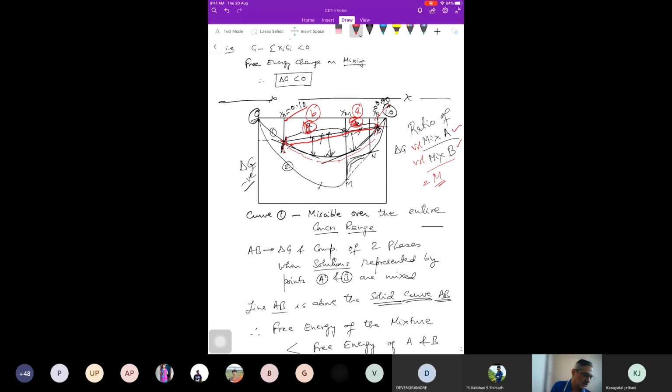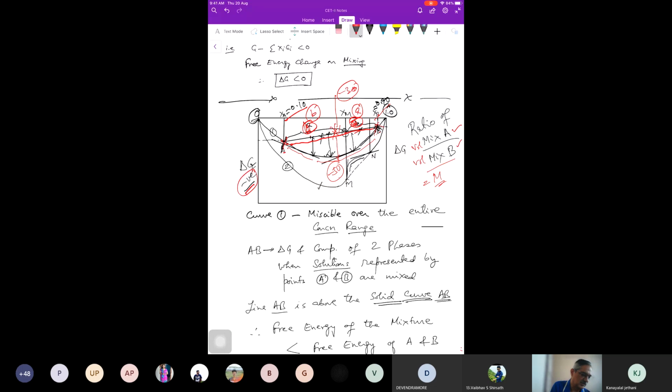Suppose my mixture का जो है ये यहाँ पर है composition, तो यहाँ पर जो रहेगा, suppose this is -50 and this is say -30, because this is above, right? और ये नेगेटिव है, this is negative.